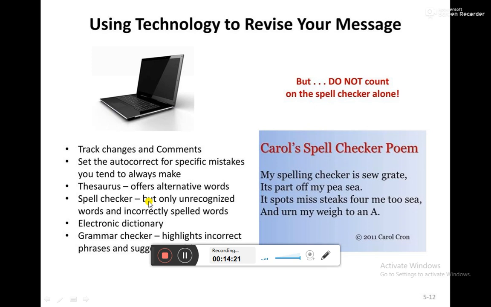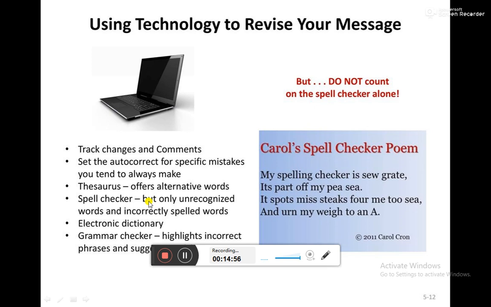The program does not have a clue about what you are trying to say, and it can't tell you whether you have said it clearly or completely. However, grammar checkers can highlight items you should consider changing, such as passive voice, long sentences, and words that tend to be misused.